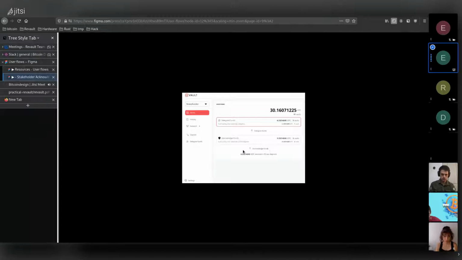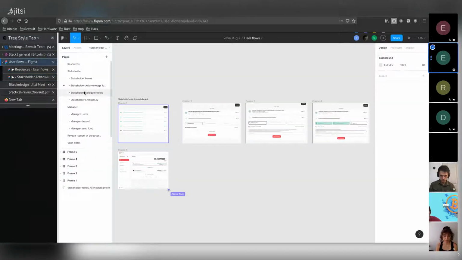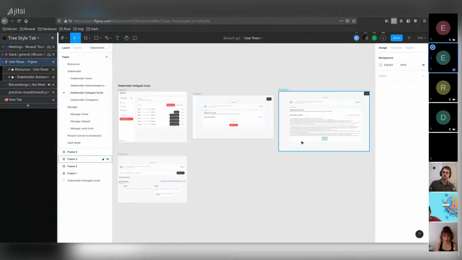And these funds are what we call secure, because these are UTXOs that can be sent back to the stakeholders at any time during the process of the spending. So now the stakeholder has the funds secured, but he wants to delegate them to the managers. In order to delegate them, he goes to the delegate funds panel.